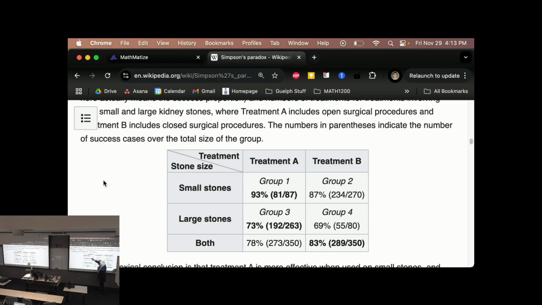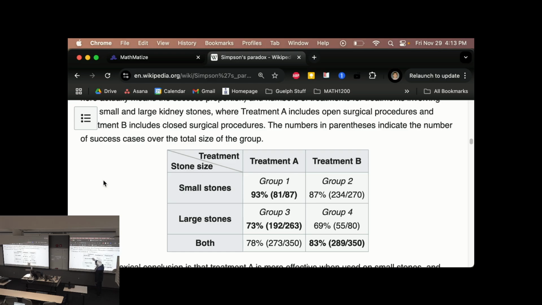Kidney stones are horrendous. I have had them a couple of times, and they are absolutely horrendous to get.